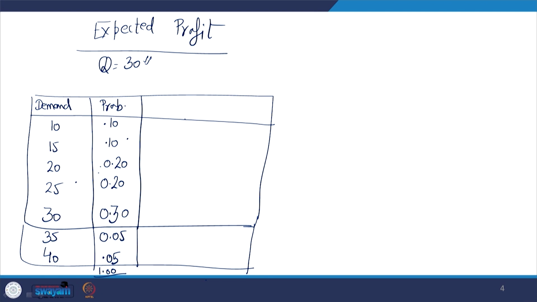Now, the cost price of the newspaper is, let us say, rupees 1. The selling price of the newspaper is rupees 1.50. So, you can understand with this cost price and selling price what is going to happen.